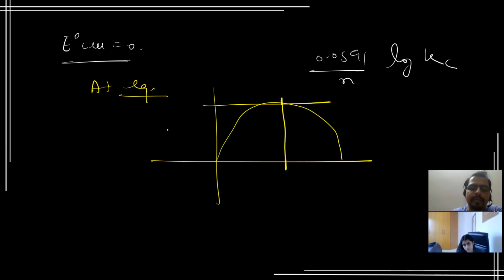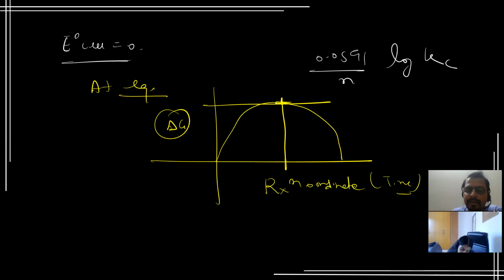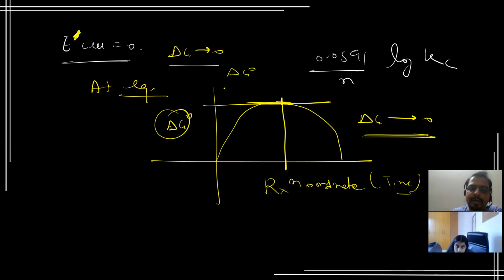This is the Gibbs free energy, and this is the reaction coordinate, which means time. When equilibrium is established, delta G naught will be there and delta G tends to 0. There is a little correction here: delta G will be 0, delta G naught will be there, and entropy will be maximum at equilibrium. That I will deal with in the second law of thermodynamics.